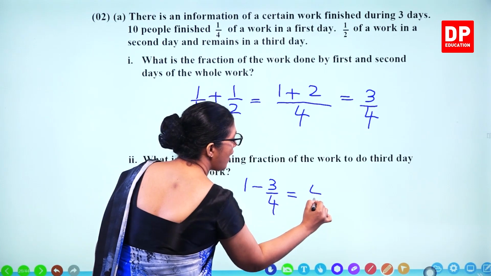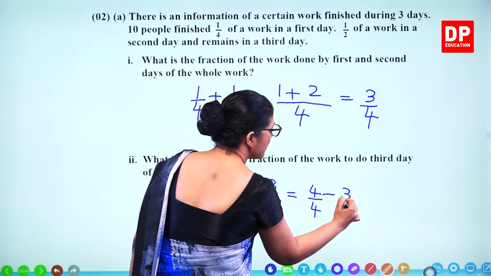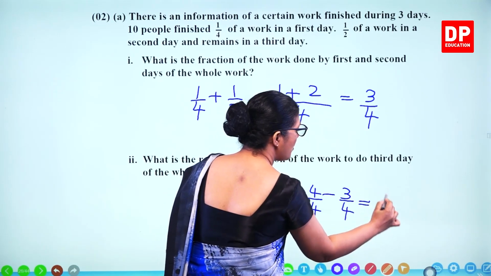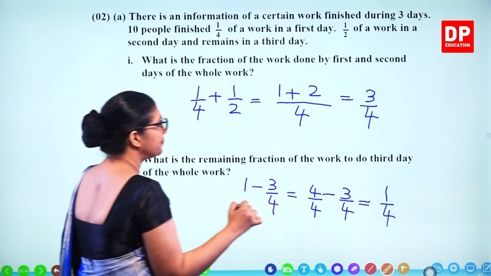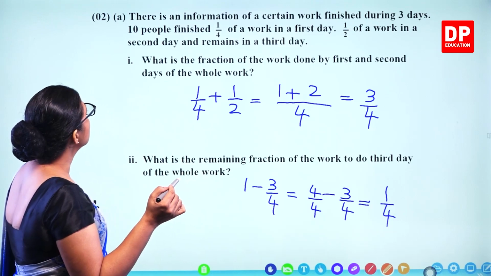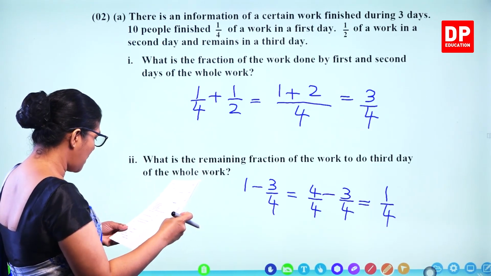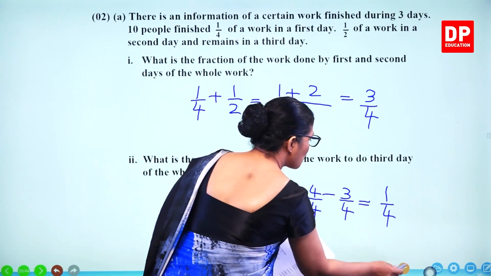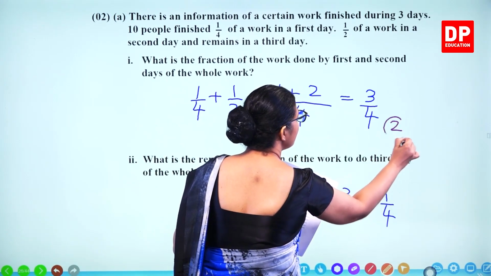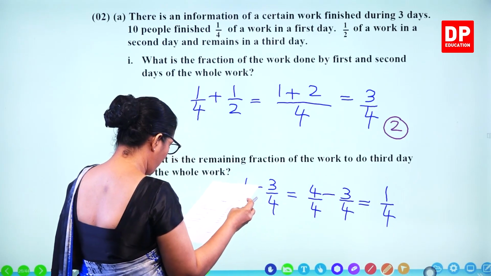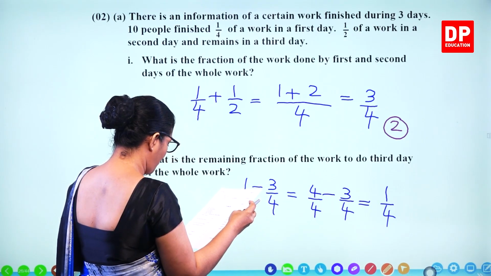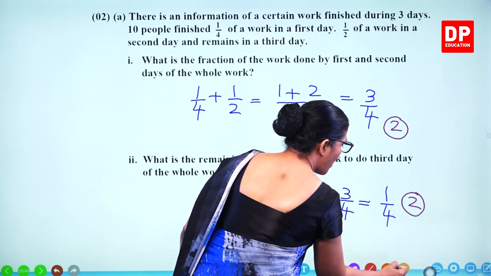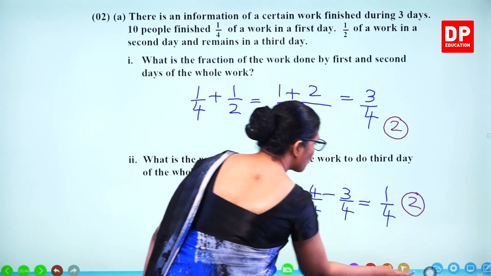So 1 you can write as 4/4 minus 3/4. Same denominator, you can subtract the numerators, that's 1/4. So 1/4 of the work. How many marks for these two steps? You get 2 marks for the first one and 1/4, that's also 2 marks. So 4 marks already given for these two.